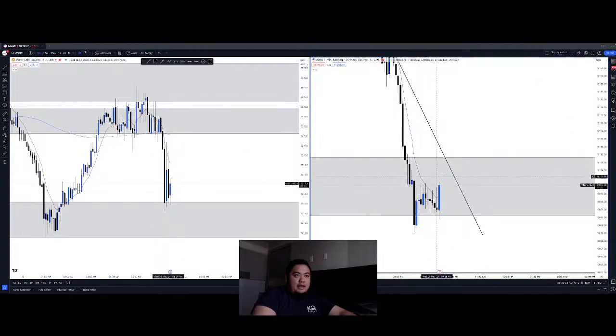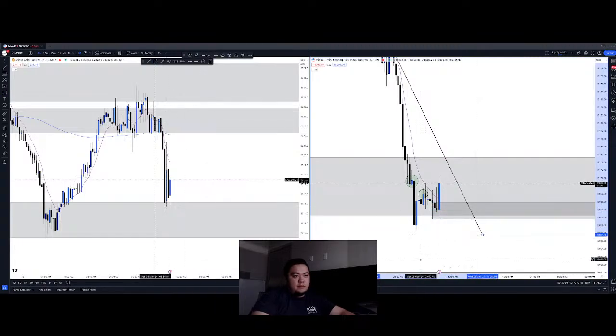If we break higher, close. If we close higher here, we break this last high. And this last high, we close above that. I will look for longs back in this area.